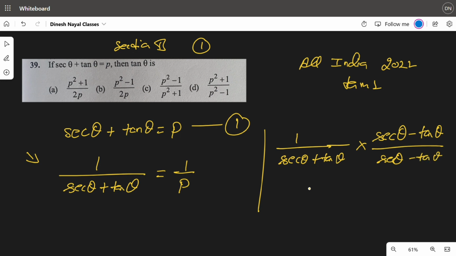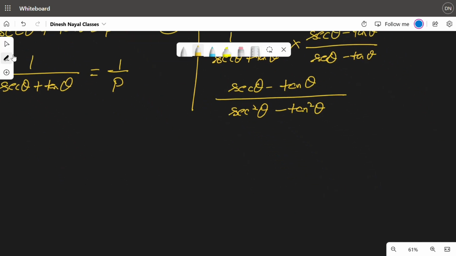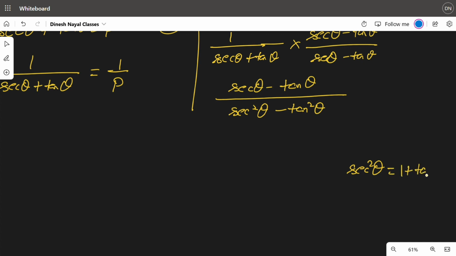Now this will be 1 into sec theta minus tan theta, just sec theta minus tan theta, whole upon, again a plus b, a minus b, that will be a square minus b square. So this will be sec square theta minus tan square theta. Now using the trigonometric identity, sec square theta equals 1 plus tan square theta.